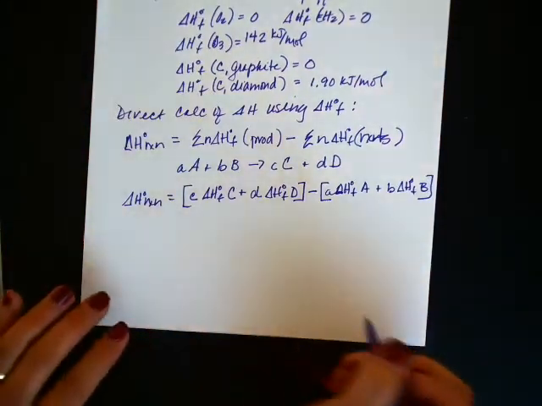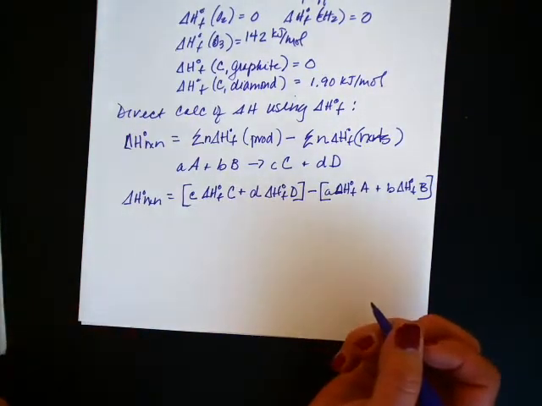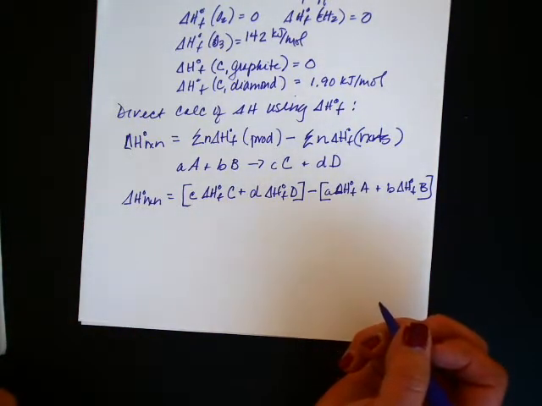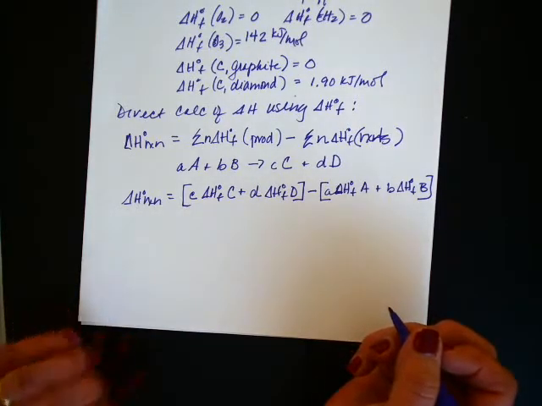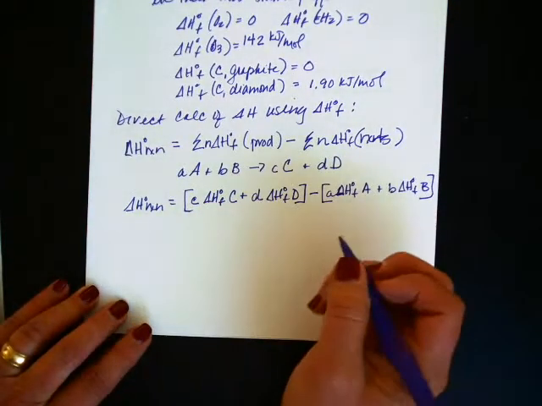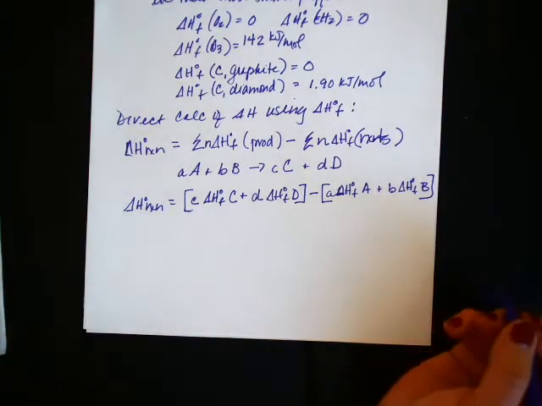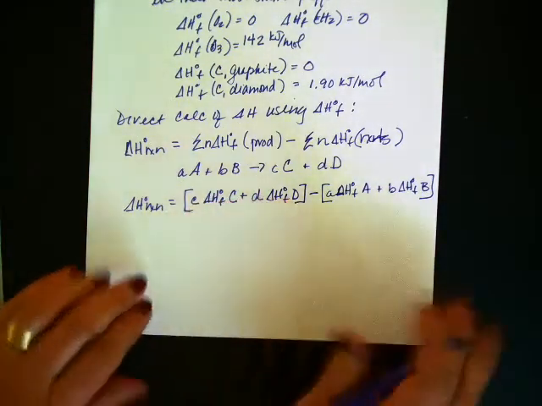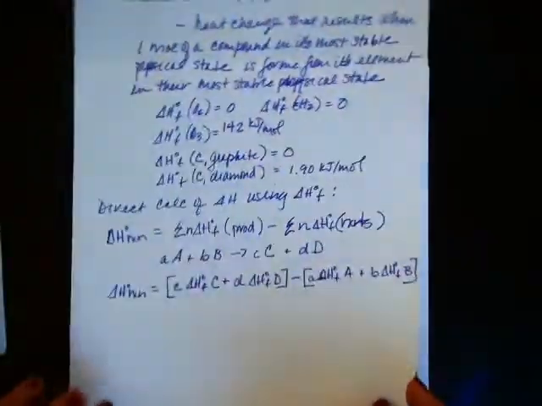So I want to point out another way to write a thermochemical reaction. And so I think we'll start with a new paper here. Maybe I'll stay here for a moment.